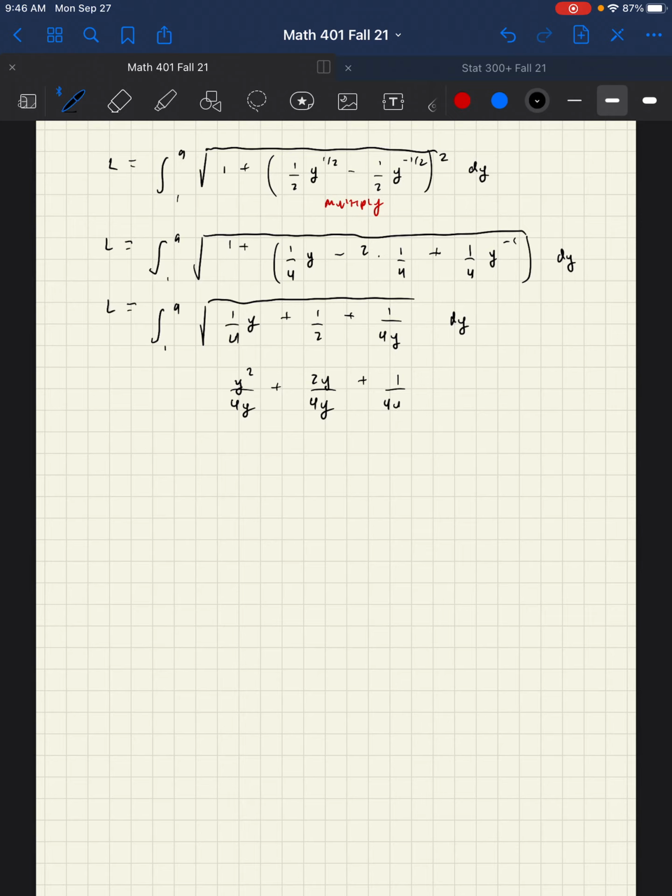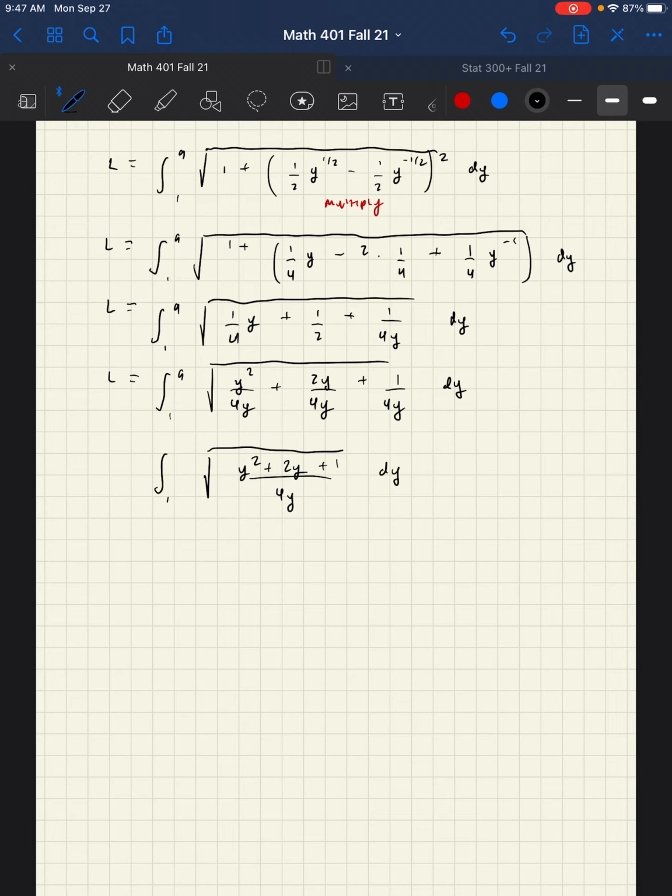So y squared over 4y. The second term by 2y over 2y. The last term is fine. Okay. So this is where we're on the fly discovering what techniques of integration we need to use. Some techniques you try out may not apply to that specific expression that you're working with.